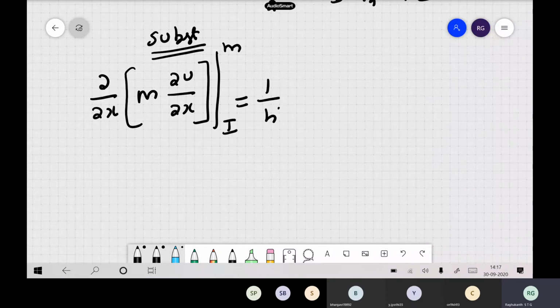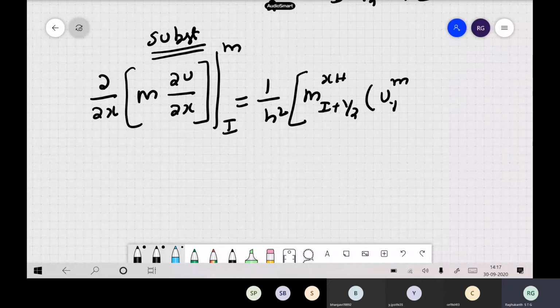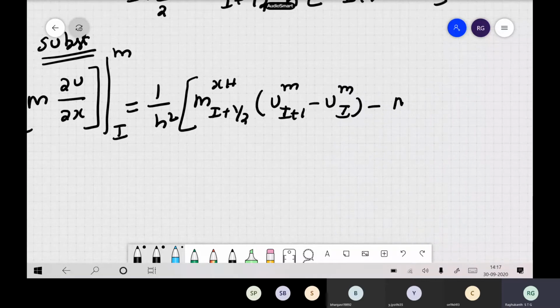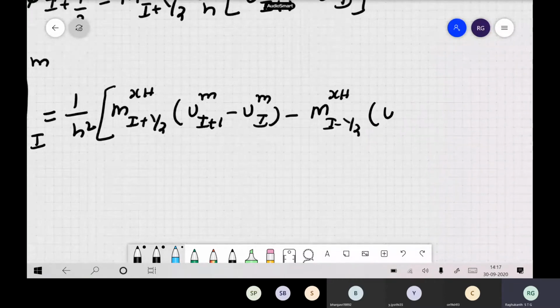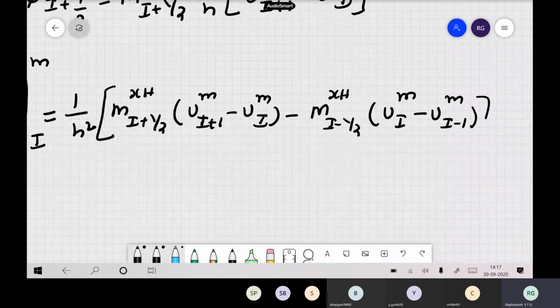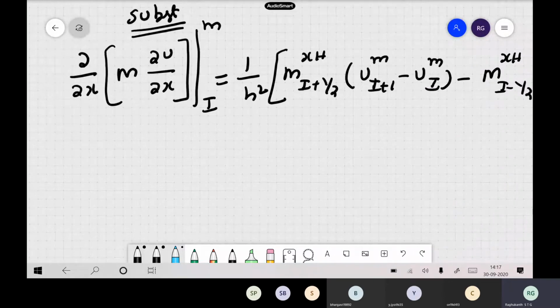So this becomes 1 by h square, m harmonic at i plus 1 by 2, u i plus 1 minus u i. Minus, the next derivative is the outer derivative, so i minus half, u i minus u i minus 1. This is how we represent this derivative.